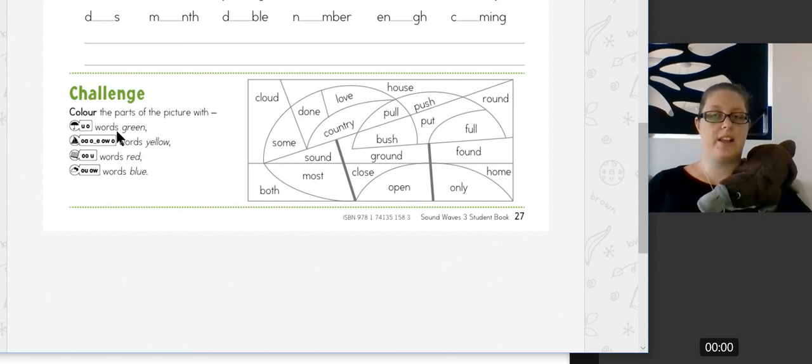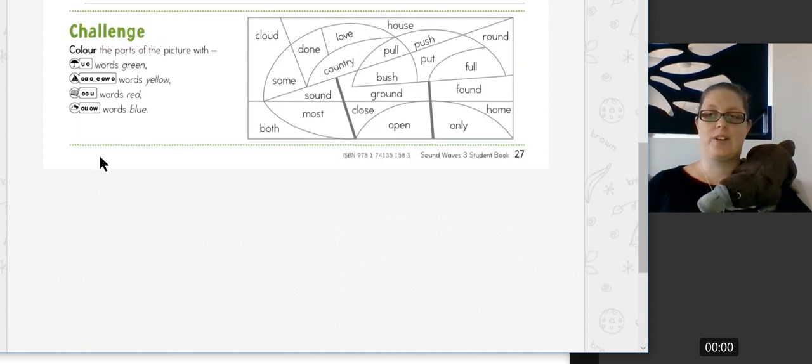If we have some words where the vowels are going O, we're going to colour them yellow. If we've got vowels where the vowels are making the sound oo, we're going to colour them red. And if we've got the ow sound being represented with the vowels, we're going to colour it blue.